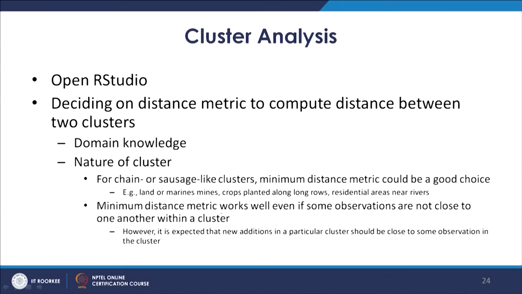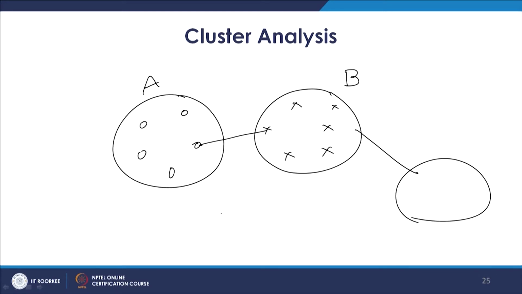However, one important point is that it is expected that new additions to a particular cluster should be close to some observation in the cluster. To understand this, let us look at this cluster A. There could be a distant observation here, and here we have this observation.